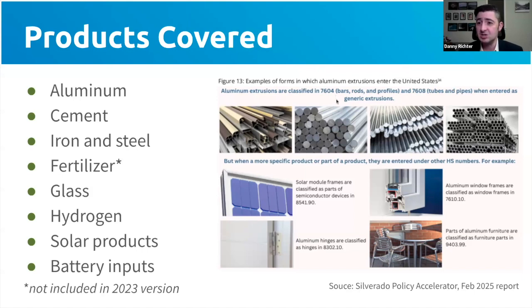That's referring to the HTS, or Harmonized Tariff Schedule, and 7608, which is tubes and pipes. And then you go down here, aluminum window frames are classified as window frames in 7610.10. And I'm giving this as an example to just show, I said that this would really call for a high level of development in terms of assigning carbon intensity to certain goods. And I think that this really illustrates the level of detail that is called for in a way that really made it pop for me.